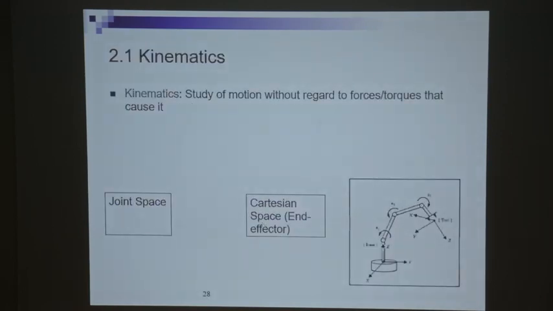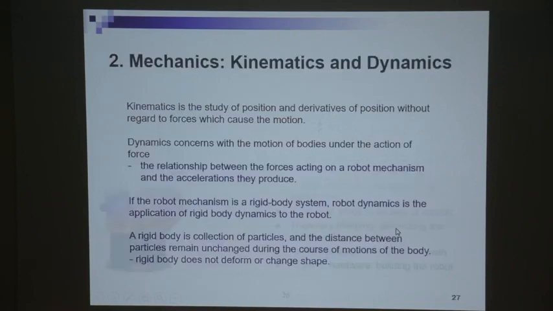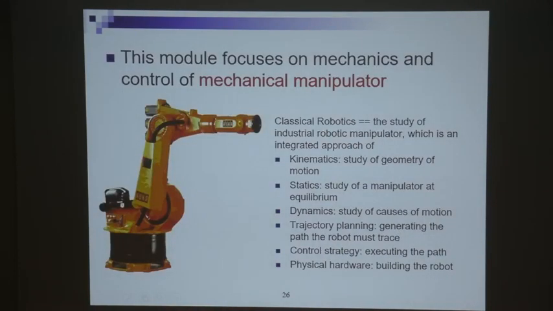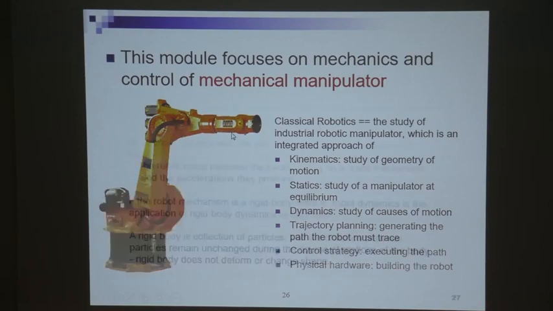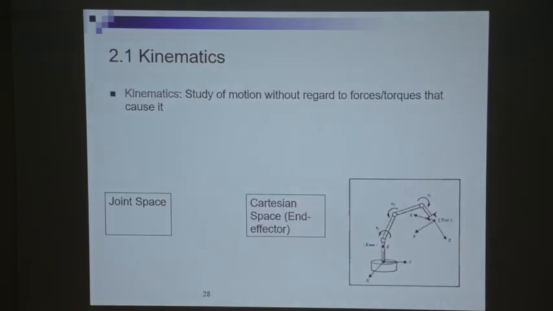And then if we go on to talk a bit more about kinematics, it says that kinematics is the study of motion without regard to the force or torque that is actually causing it. This is a drawing of a robot manipulator. This is a picture, a photo of a robot manipulator. If we are to represent the robot manipulator itself, a lot of the time we'll draw it in this manner. You have a base.